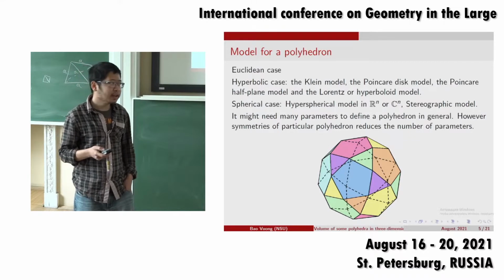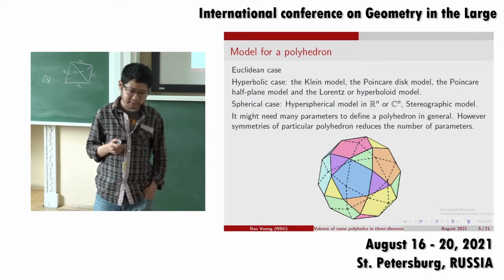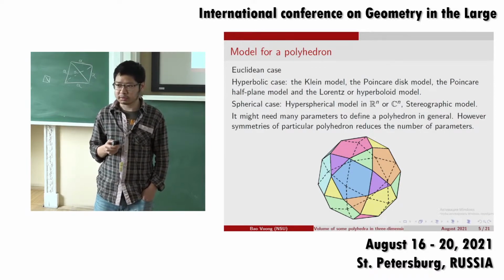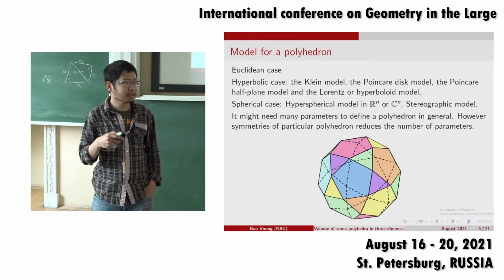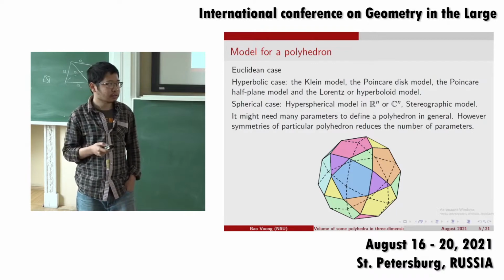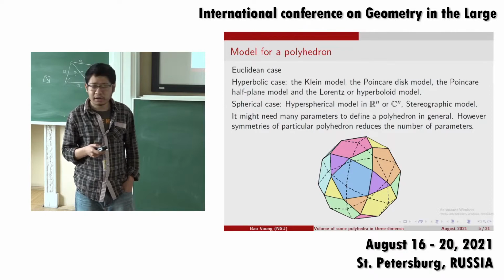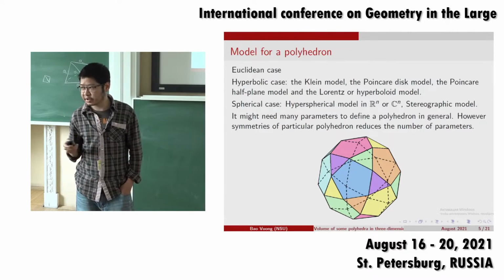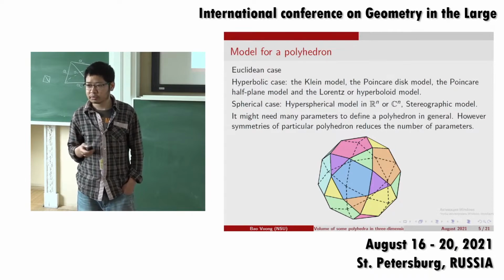Working in these models often brings many technical difficulties, because it becomes more complicated to work in them in higher dimensions. To describe a particular polyhedron, it might take many parameters.